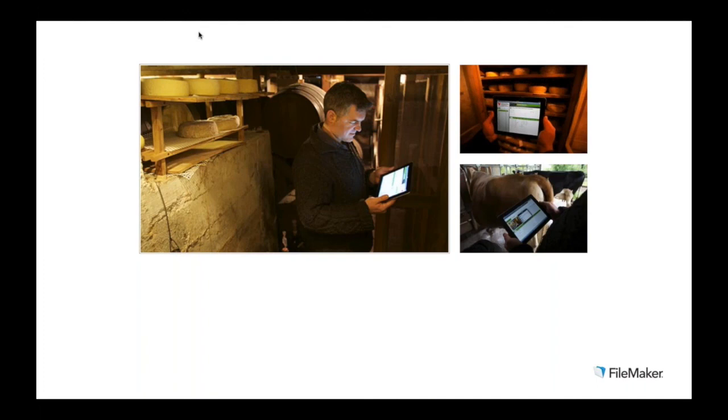In his wine cellar, FileMaker Go has replaced clipboards and is used to enter and track alcohol levels, pH readings, and historic data related to wine lots. His butcher shop uses FileMaker to track orders and deliveries of custom cuts of meat, while FileMaker acts as a point-of-sale system in his restaurant. So he has taken full advantage of FileMaker's platform with fantastic results, and he had this to say.